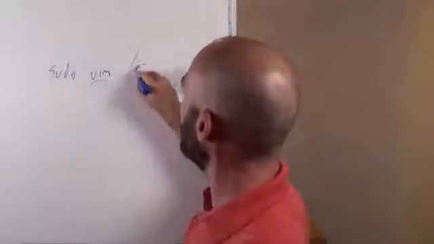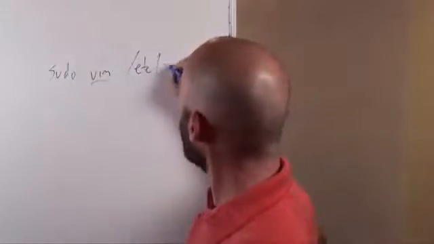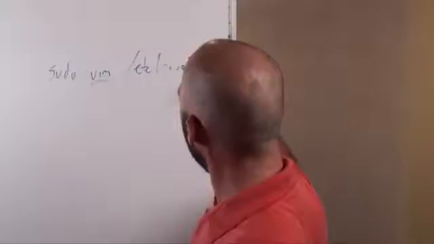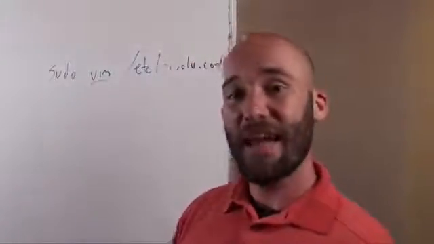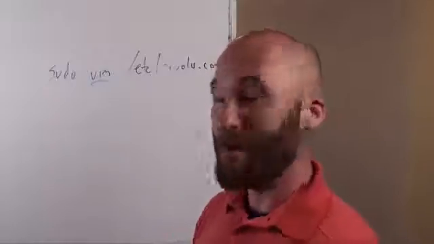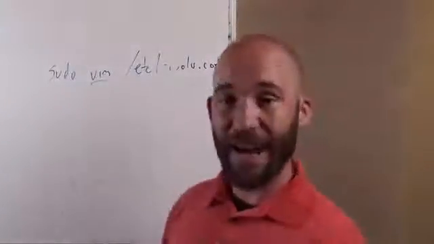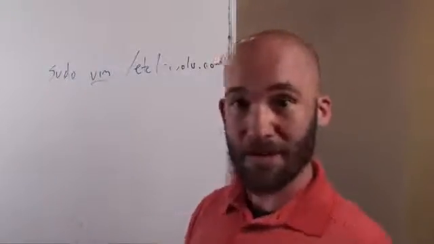Then it's /etc/resolv.conf. That's the file that you're going to edit the DNS information. So basically, with sudo vim /etc/resolv.conf, when that opens up, all you do is you plug in the IP addresses.